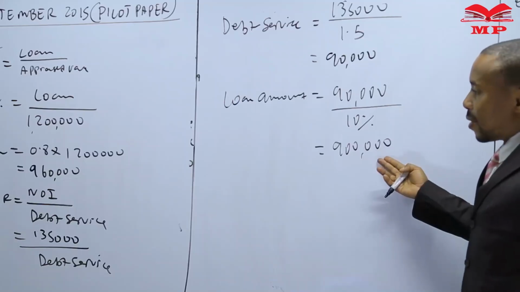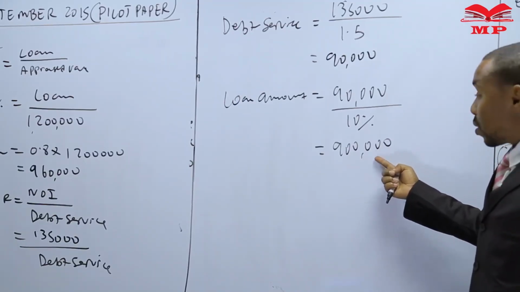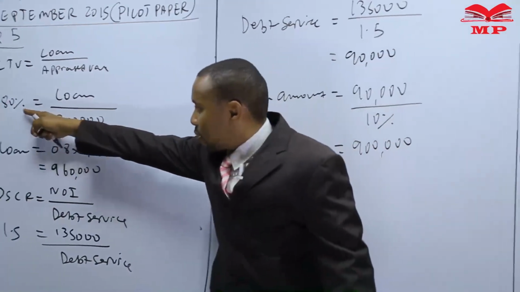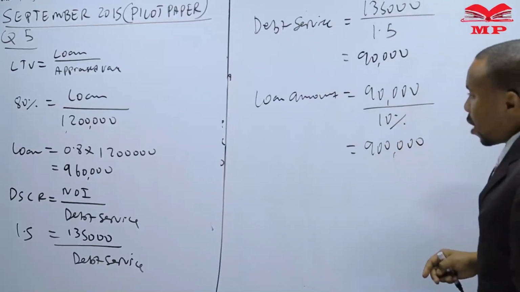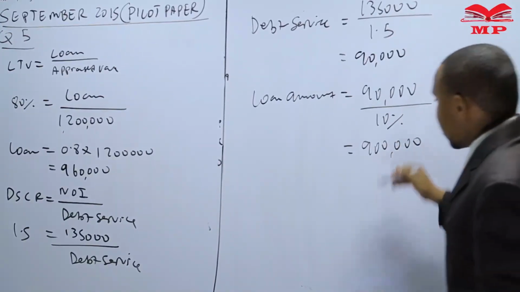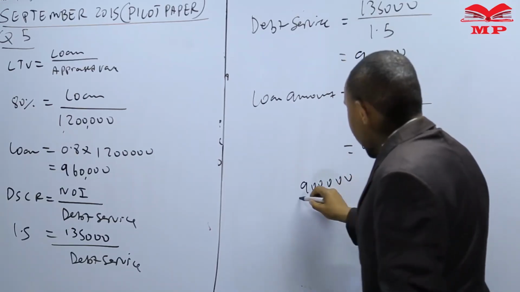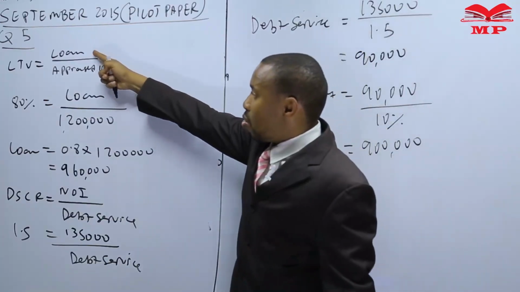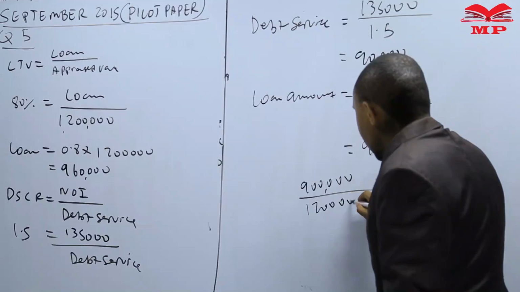So let's see the loan to value ratio based on this 900,000. We are not supposed to exceed 80%. Applying the formula, the loan is 900,000 divided by the appraised value of 1,200,000.